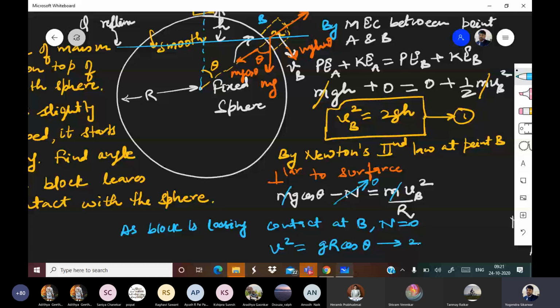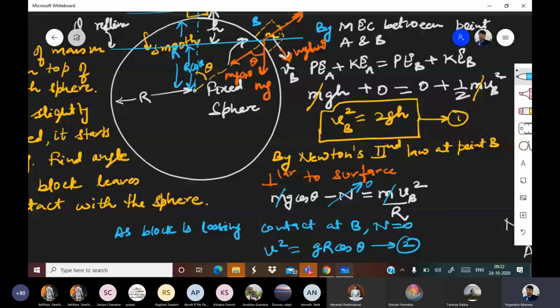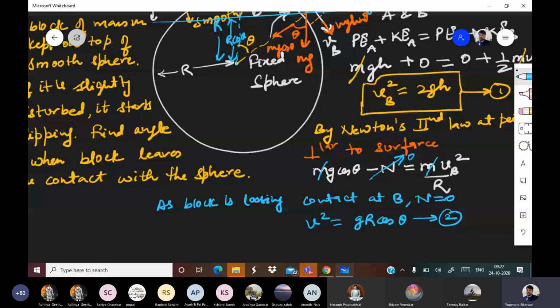Okay. Now in the meantime, let us see how much is h. So this whole thing is r, and this thing is r cos theta. So h is nothing but r minus r cos theta. Let me call this equation 3.